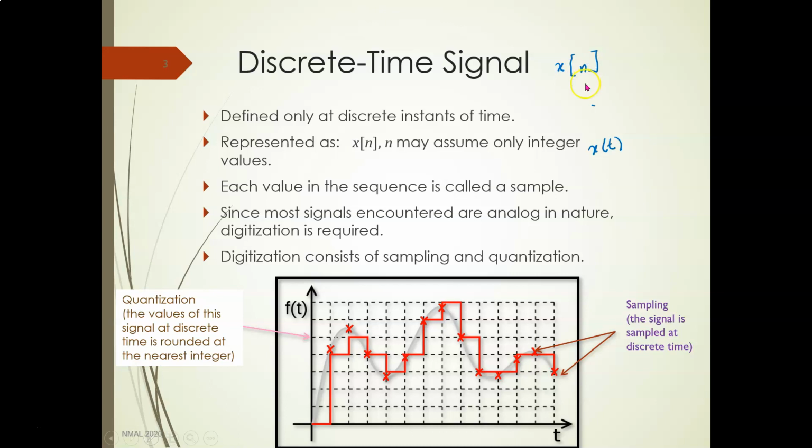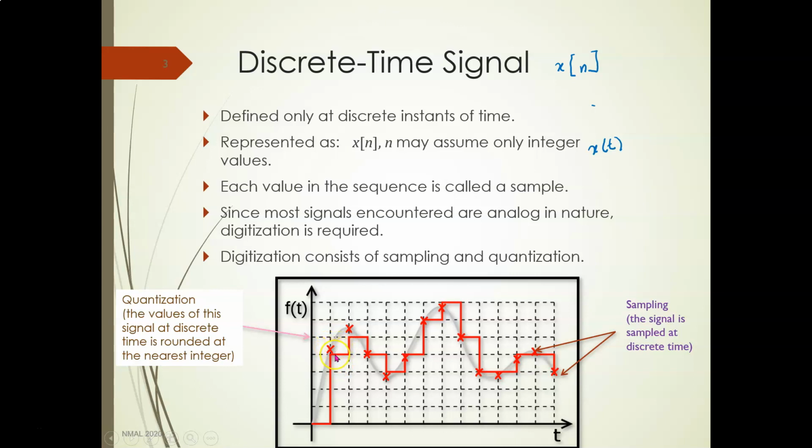So n can assume only integer values, and each value in the sequence is called a sample. After this we will see an example of the values in the sequence. Each of these values here is called a sample, and it is obtained through the sampling process.